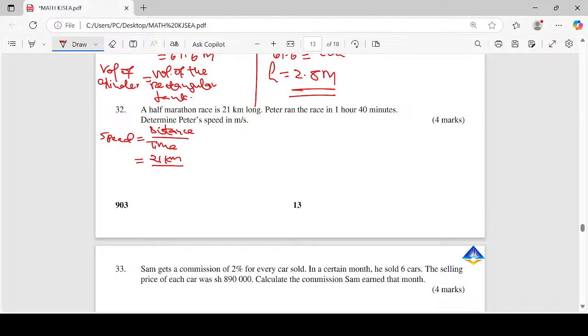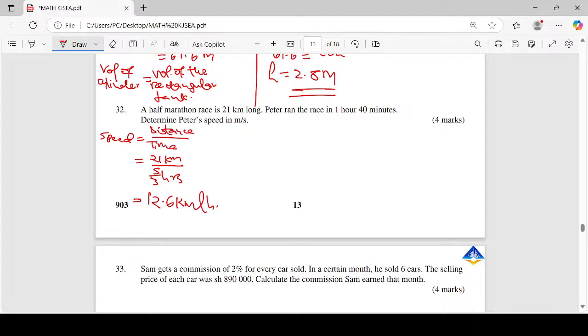That's like saying 1 plus 40 over 60. You are going to get 5 over 3 hours. When you divide 21 by 5 over 3, you are going to get 12.6.